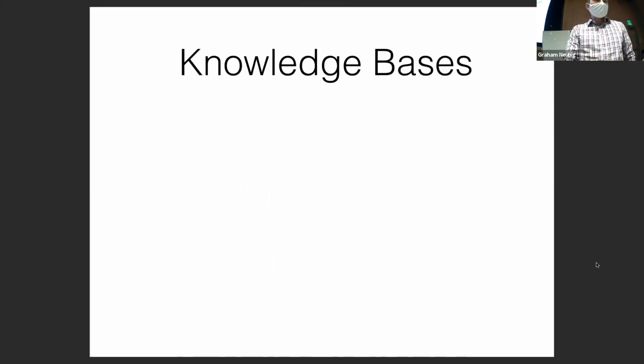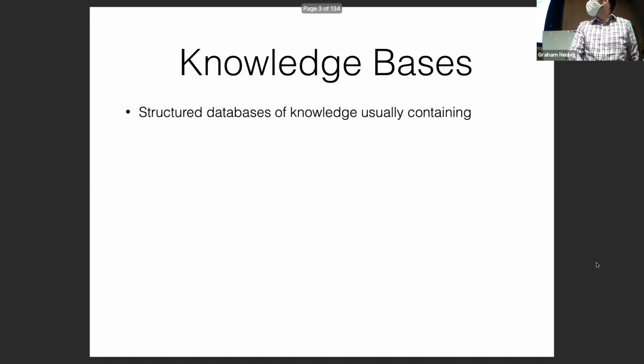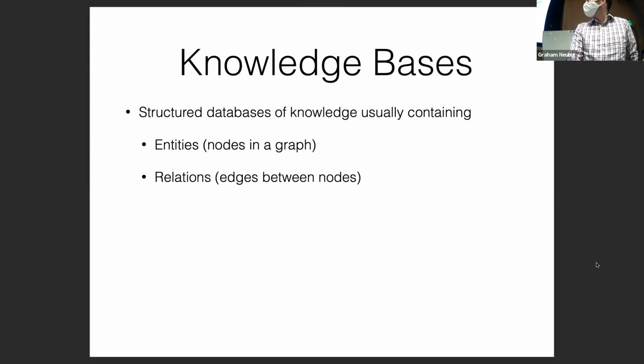So knowledge bases are basically structured databases of knowledge. And there's a lot of different things that they can contain. For example, they would often contain entities, which correspond to nodes in a graph, or relations, edges between the nodes.